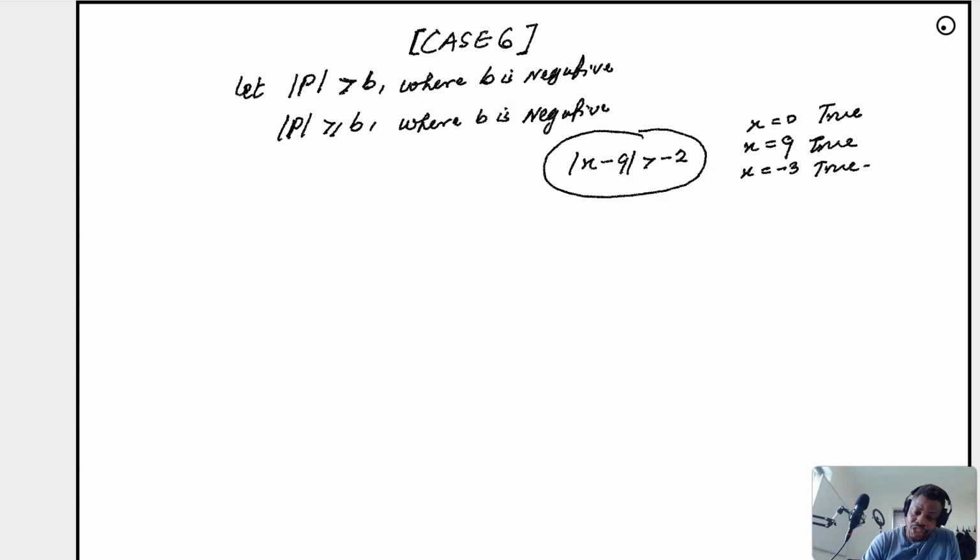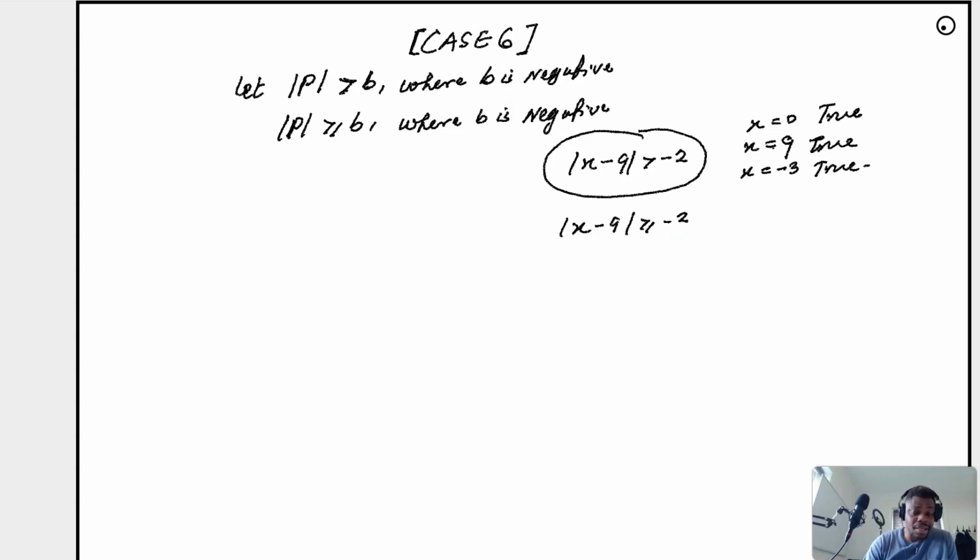Okay? Now let's check when it is greater or equal to minus 2. Put 0 here, definitely it is going to be greater than minus 2. Put 9 here, definitely still greater than minus 2. Put 3 here, still greater than minus 2. But can anything in the modulus make it equal to minus 2?